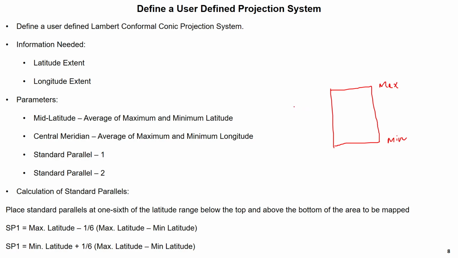We should place our standard parallel such that this distance is 1/6 of the range, and this distance also is 1/6.